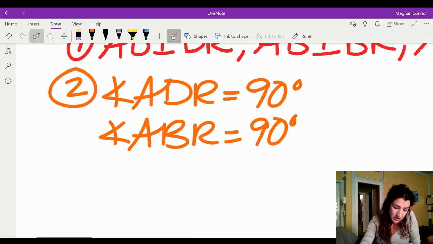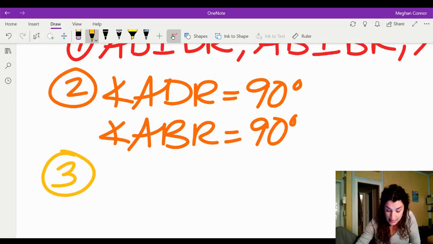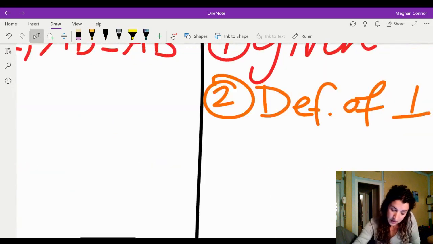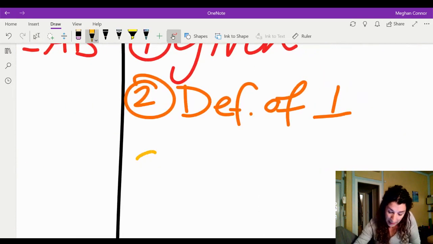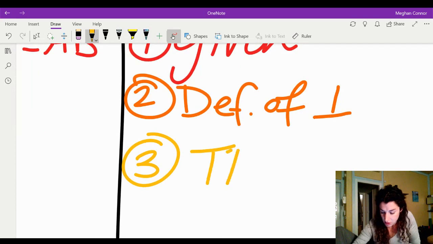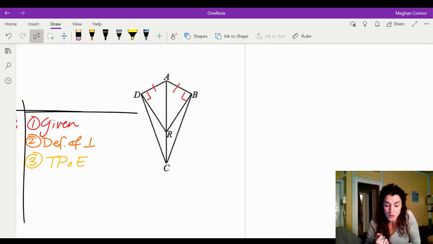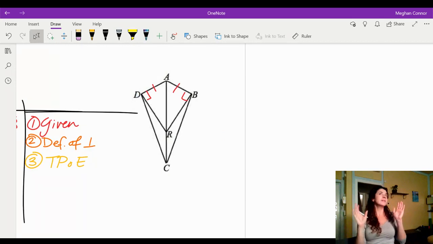Now that I've said that those are 90 degrees, I can say, well, hey, since this one equals 90 degrees and that one equals 90 degrees, then they must be equal to each other. That is our transitive property of equality. I've now proven that those angles are equal. Oh, shoot. Oh, okay.